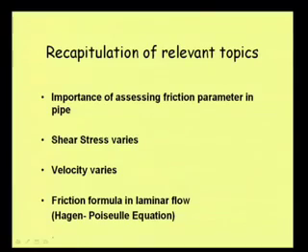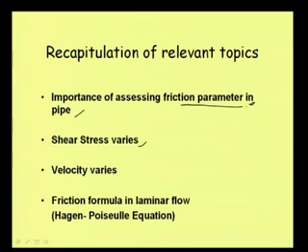Well, we were starting in the last class with the importance of assessing the friction parameter in pipe. To assess it, we discussed how shear stress varies within the pipe section, and then how velocity varies within the section.